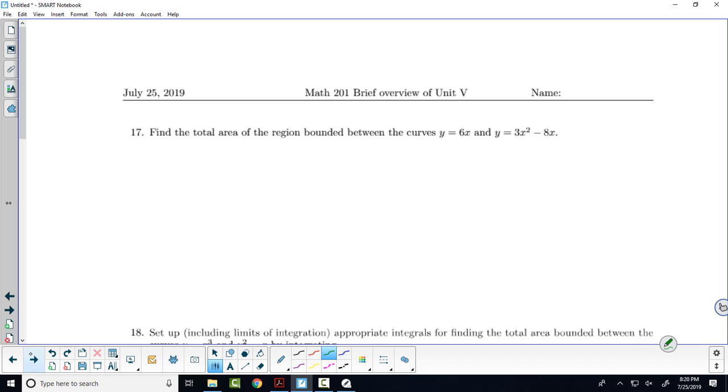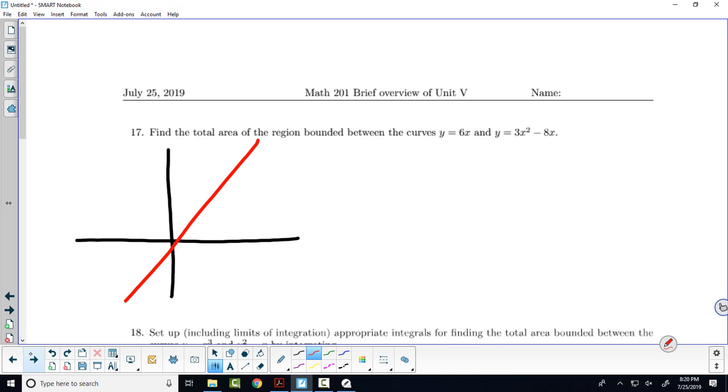So let me just show you this picture here, and then we'll walk away from it. The graph of 6x looks something like this. The graph of this quadratic looks something like this.